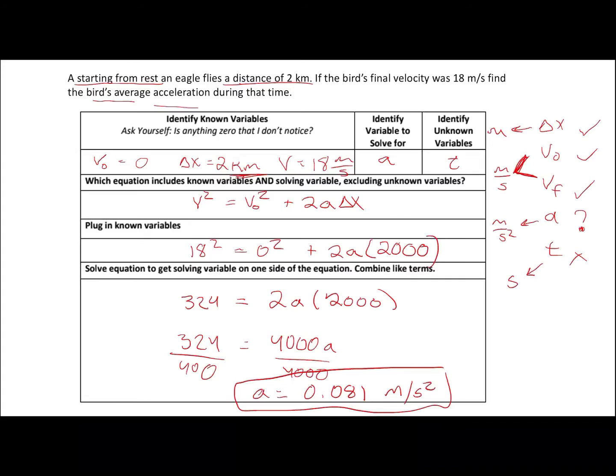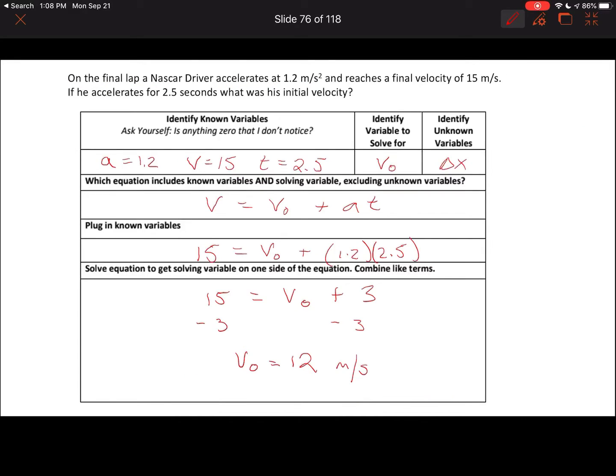All right, let's try this one more. So here you can see that we have an acceleration of 1.2 meters per second squared, a final velocity of 15. We accelerate for a known time of 2.5, and we want to know what is his initial velocity, v naught. And what do we not know then? We do not know the displacement, and we don't care to.